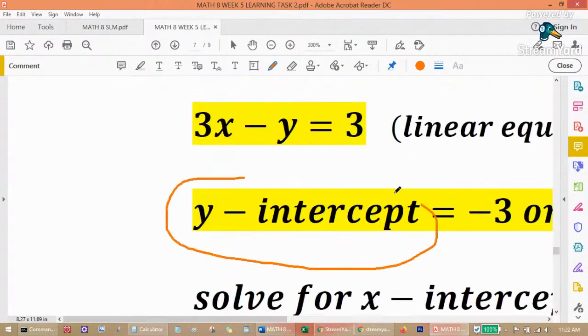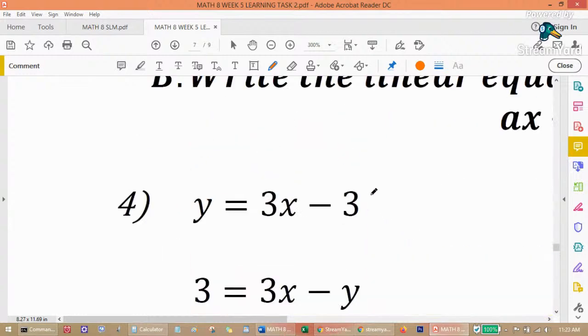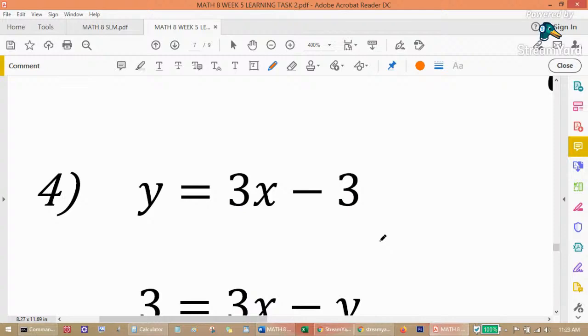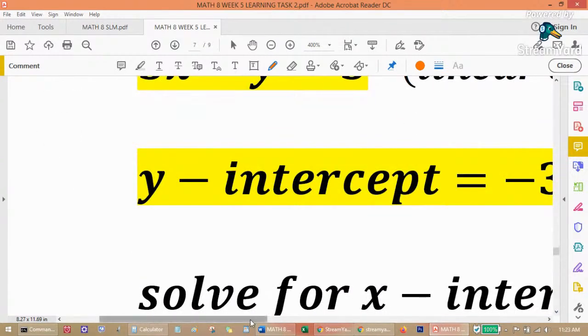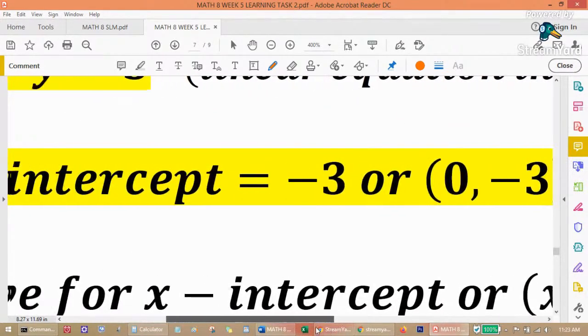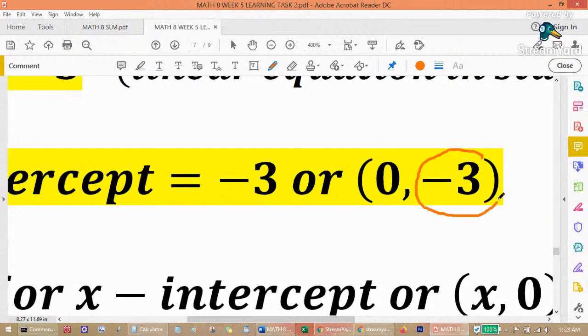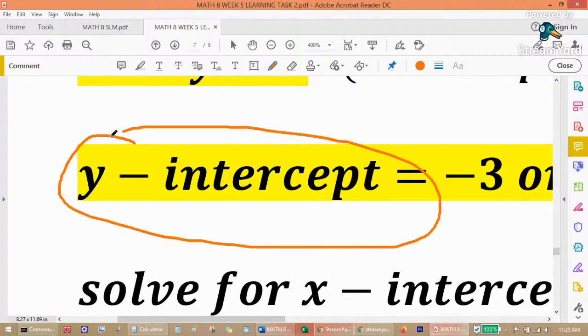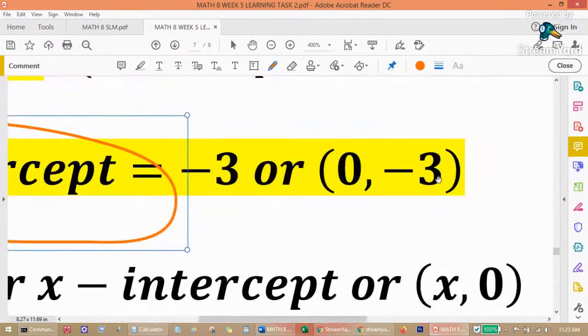So ang y-intercept natin is negative 3. Okay? So yung y ay magiging negative 3 at yung x ay palaging 0 sa y-intercept. No? Yung y ang magkakaroon ng value negative 3 pero yung x 0 kasi y-intercept to.